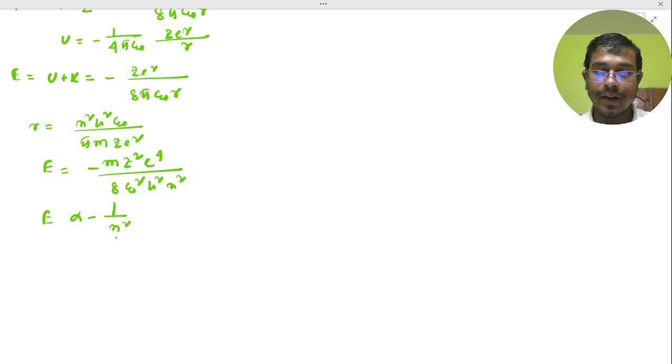Another case is when the electron jumps from a higher orbit to a lower orbit.